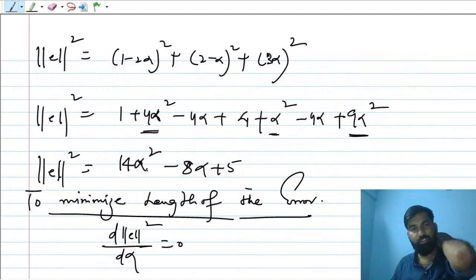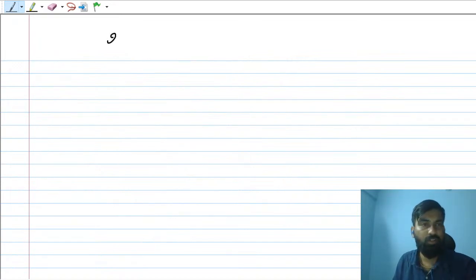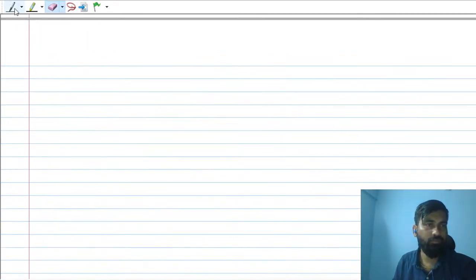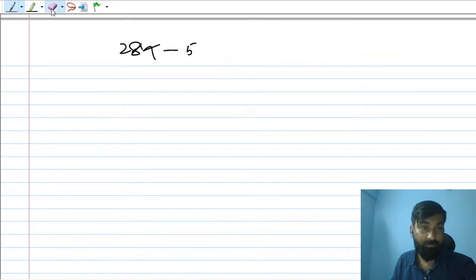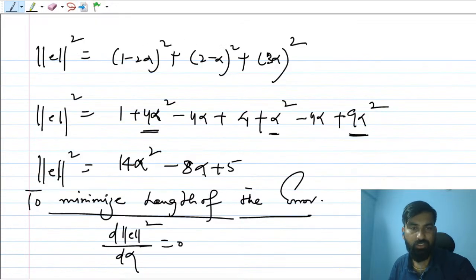If you differentiate this, it will give you 28 alpha minus 8 equal to 0, right? Because the differentiation of the constant will be 0.